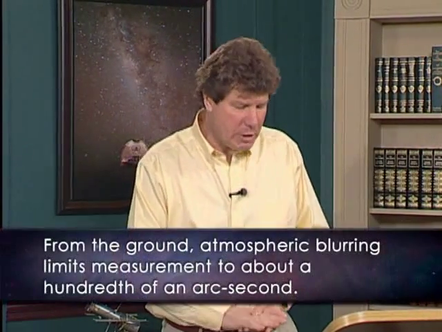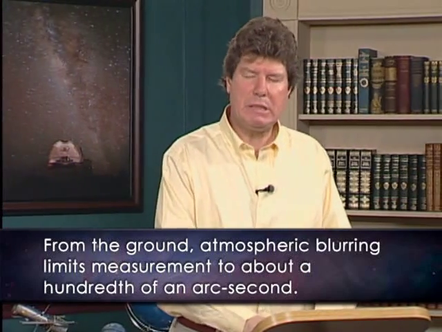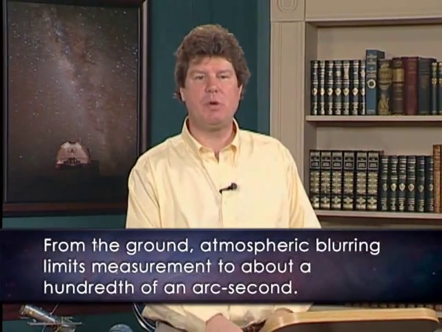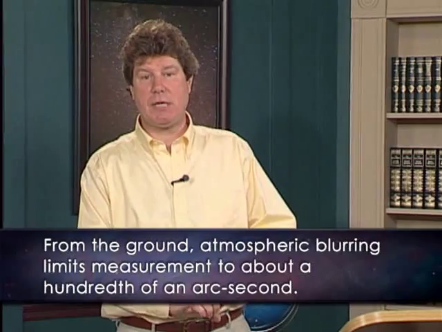Now, despite the incredibly tiny parallax angles, modern technology has made huge advances. From the ground, atmospheric blurring limits the measurements to about 100th of an arcsecond. But above the atmosphere, you can achieve enormous improvements.